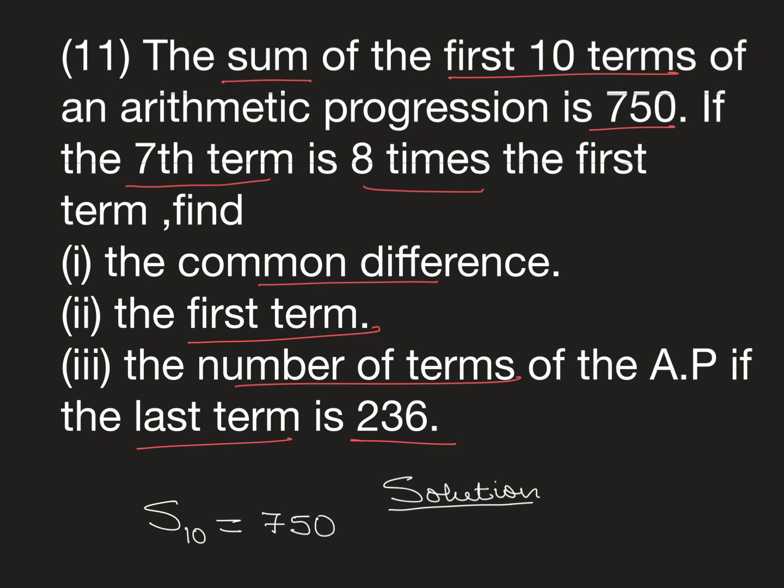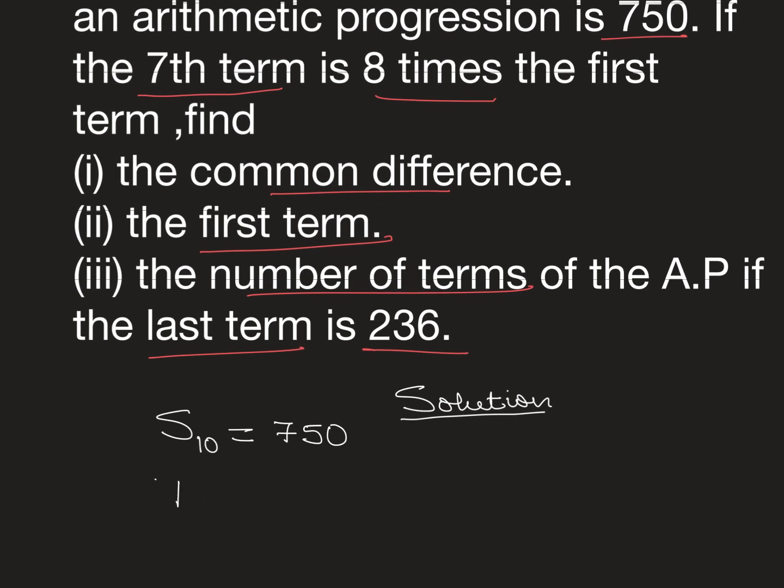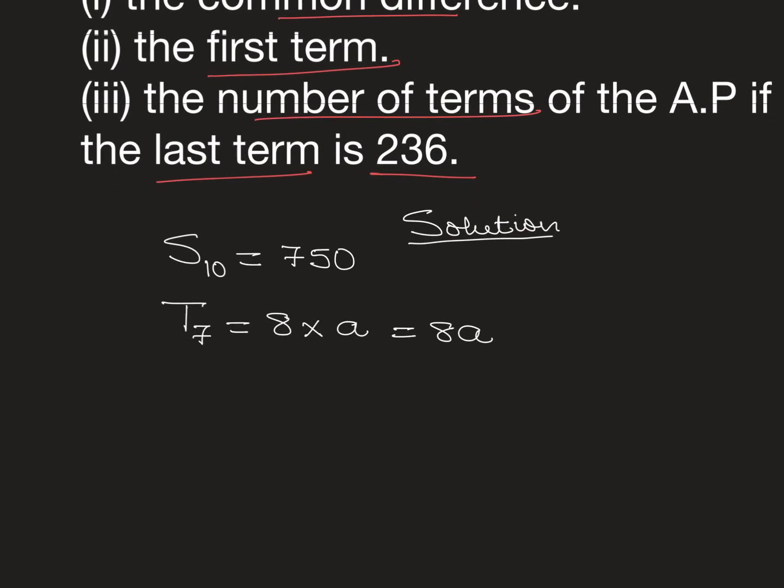And the other information given is the seventh term, T7, is 8 times the first term. The first term can be A, or you can just say T1. So that is simply 8A.